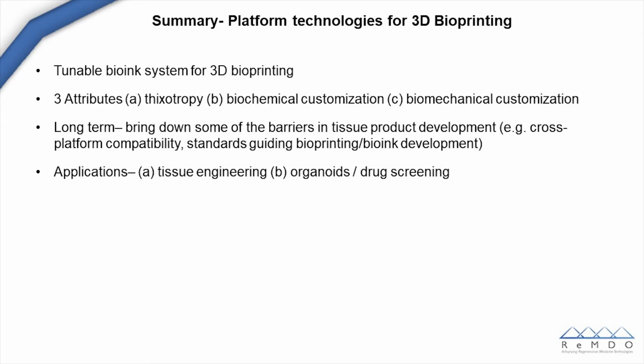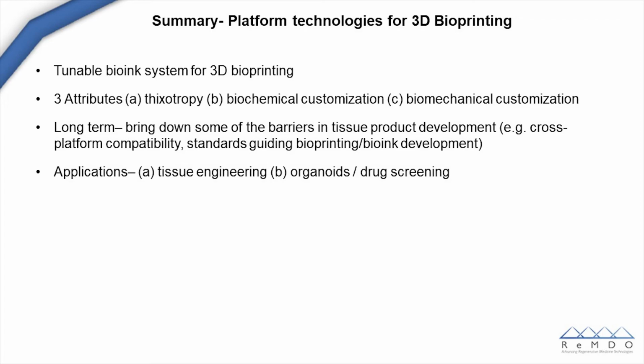So in summary, we're working on a tunable Bioink system for 3D bioprinting. I talked about 3 attributes of this system: the shear-thinning, the biochemical customization, and the biomechanical customization. Long term, we believe that this platform technology will bring down some of the barriers in tissue product development by enabling cross-platform compatibility, and also by developing standards for bioprinting and bioink development.